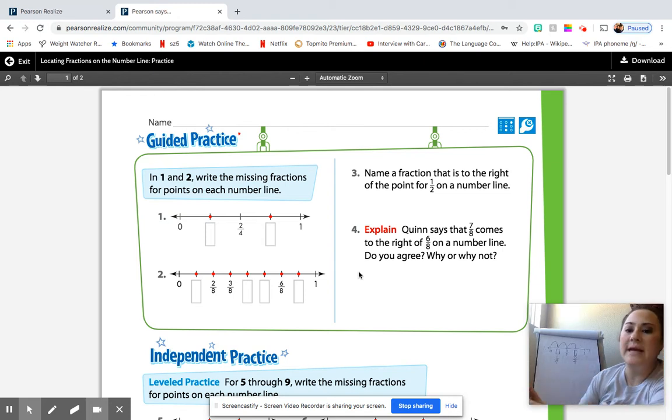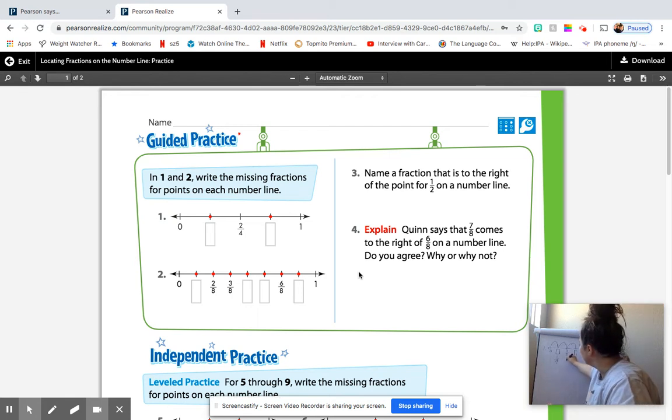Now, number 3, it says name a fraction that is to the right of the point for 1/2 on the number line. Well, why don't we just use the number line we already have here? 2/4. That is right in the middle of our number line. And so this is actually the same as 1/2.